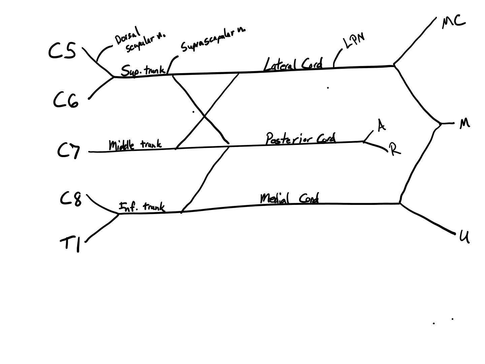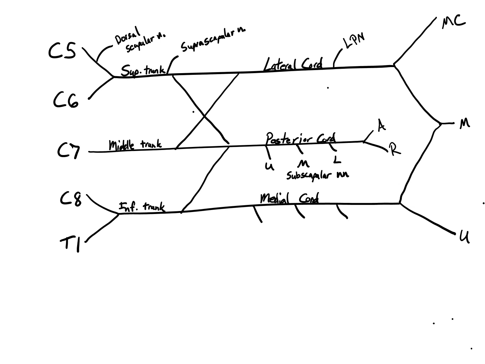Coming from the posterior cord, there are 3 branches, 1, 2, and 3. These branches represent the upper, middle, and lower subscapular nerves. There are also 3 branches coming from the medial cord, 1, 2, and 3.